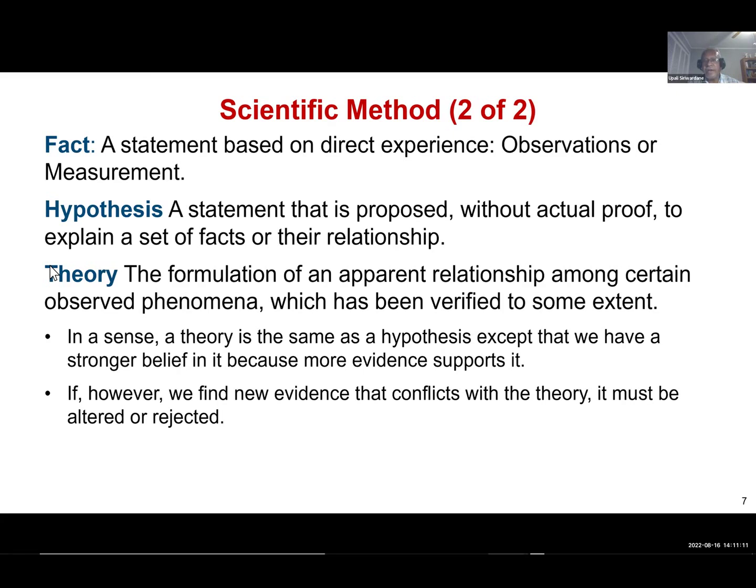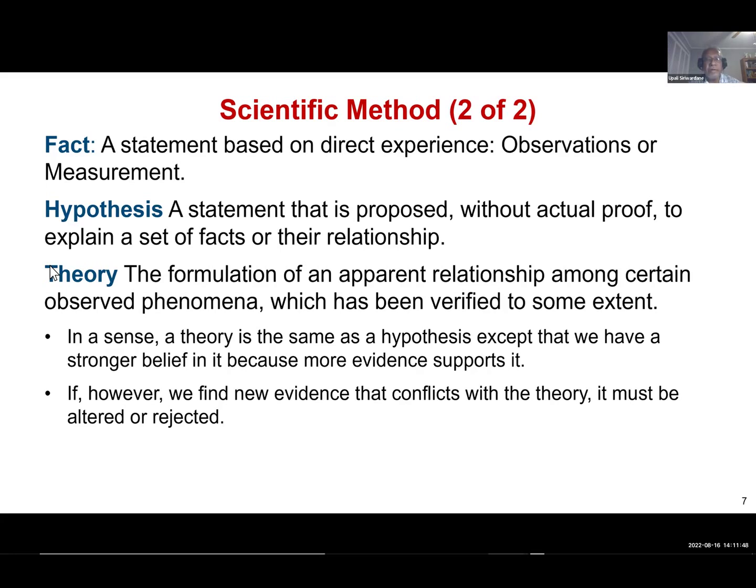It's a trial theory, proposed initially without actual proof, that is useful in explaining laws of observations. Measurements follow laws. So the hypothesis explains the laws that are created through observation.